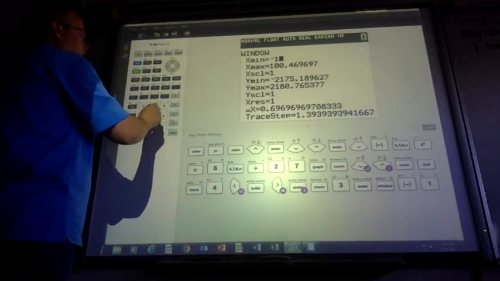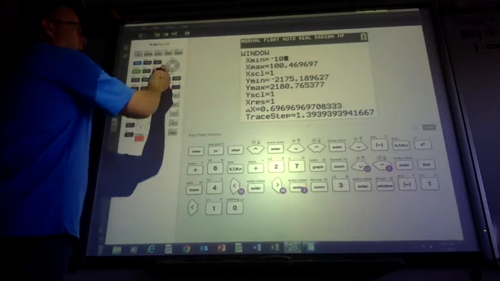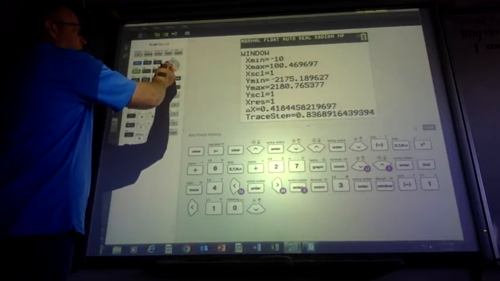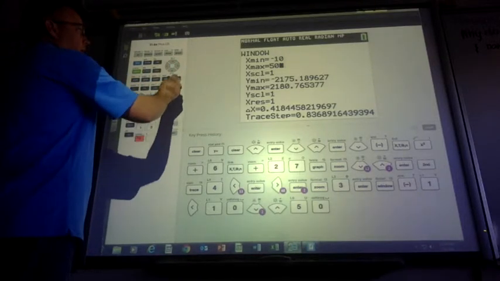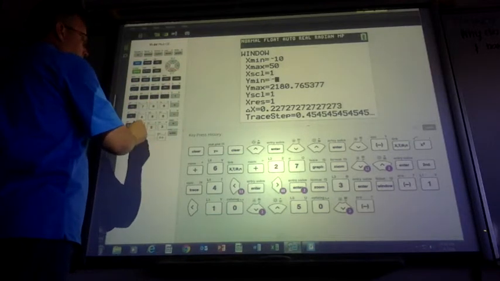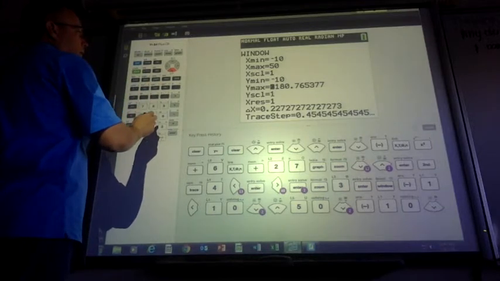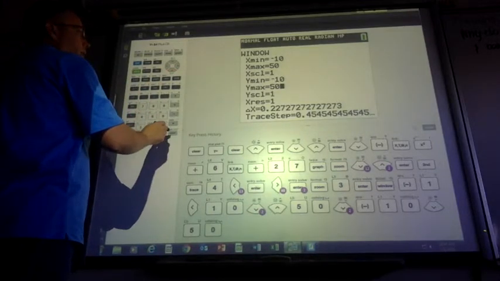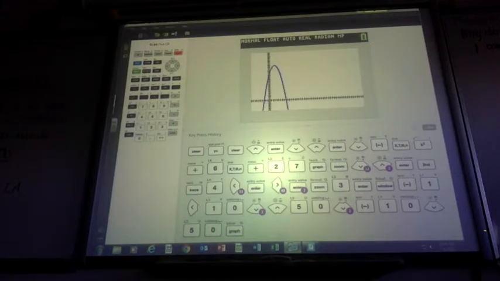Negative 10. Max is 100. I don't know if I got it that big. I'm going to go with 50. Let's go like negative 10. And my maximum is 50. And graph. So I just changed the window a little bit.